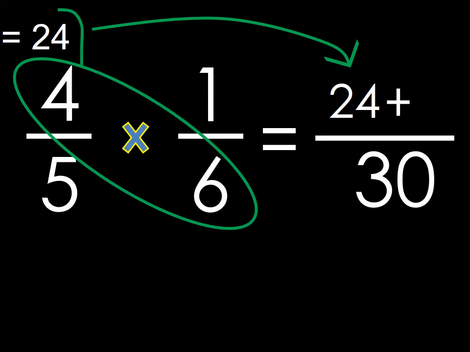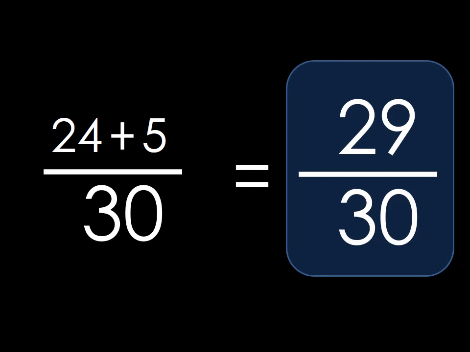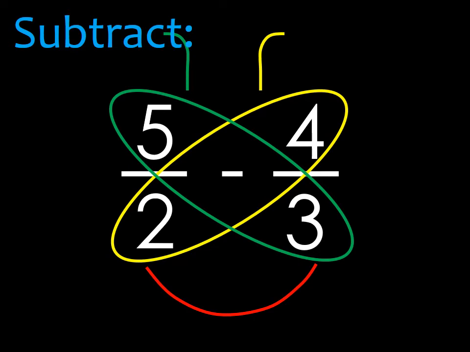So, 6 times 4 is equal to 24. So, you will put 24 dun sa unang numerator. Next, ang side. 5 times 1 is equal to 5. Kaya, nagkameron ng plus 5 doon. 24 plus 5 is equal to 29 over 30. So, our final answer is 29 over 30.